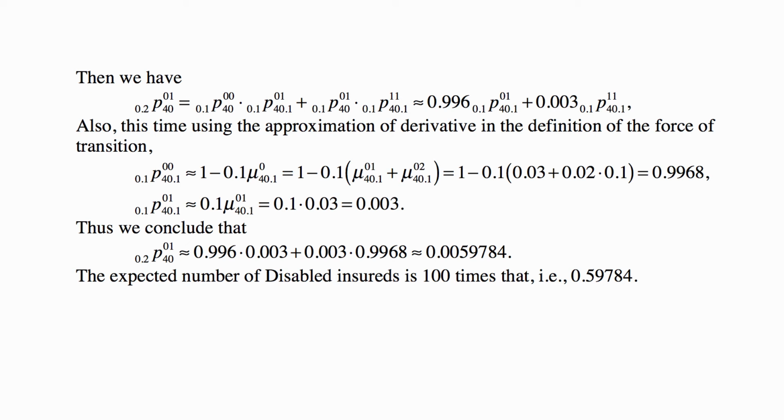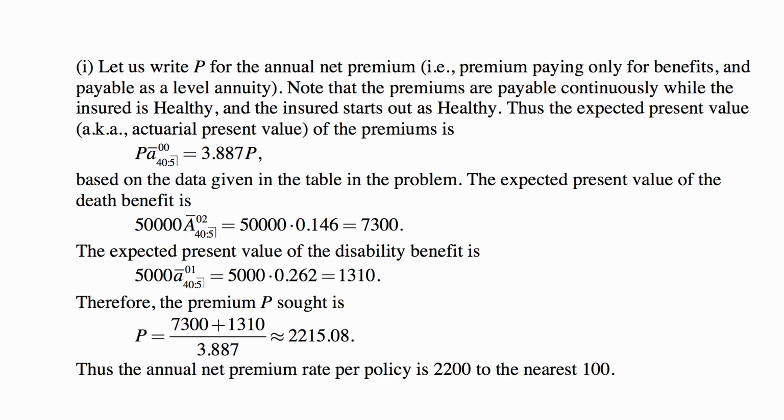So we plug them in and we get our approximation. As a result, it's 0.0059784, and the expected number of disabled insureds is 100 times that, 0.9784.